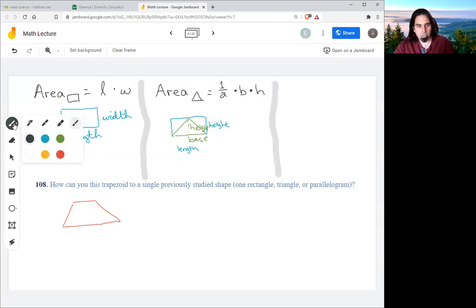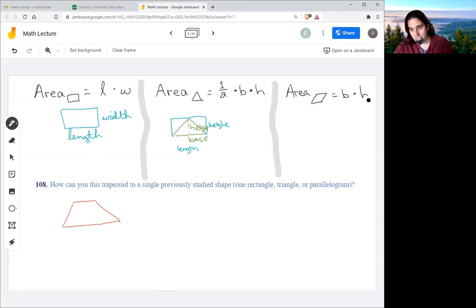And we also did a parallelogram. So parallelograms are like rectangles that an elephant sat on. And it's a very similar thing, that we have a height for this.